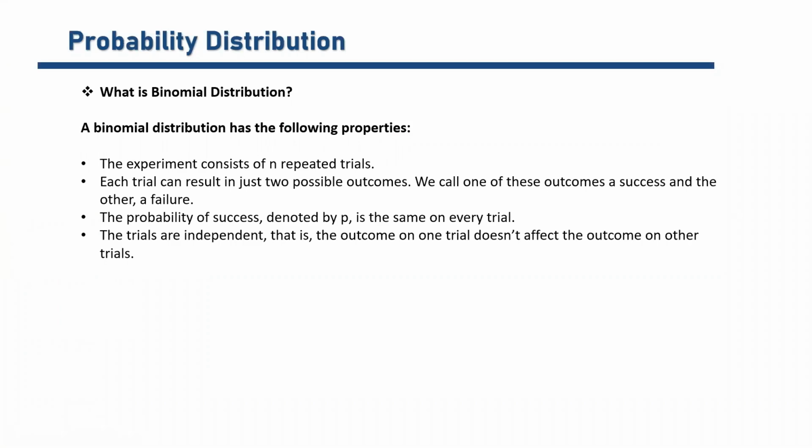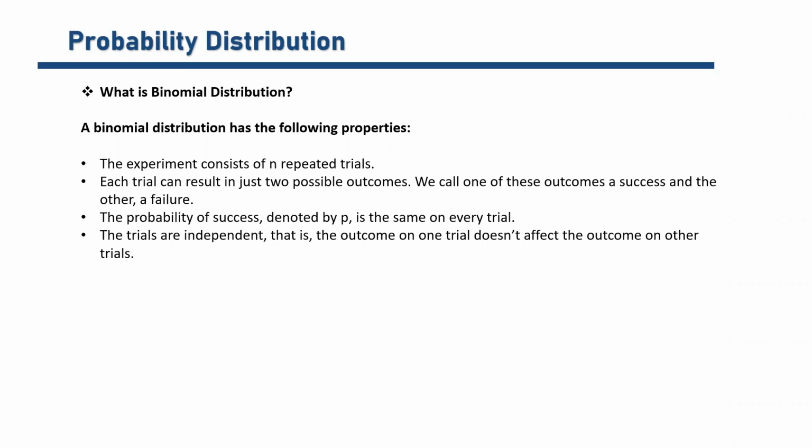What is a binomial distribution? We have seen instances where we have two types of outcomes, either a 0 or a 1. We have outcomes like whether the loan will get processed or not, whether the customer is going to churn from my system or not. These are binomial distributions because you have two possible outcomes.